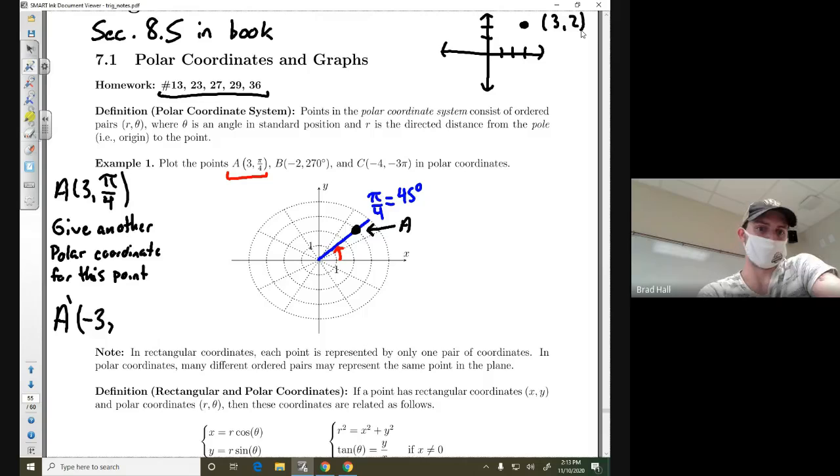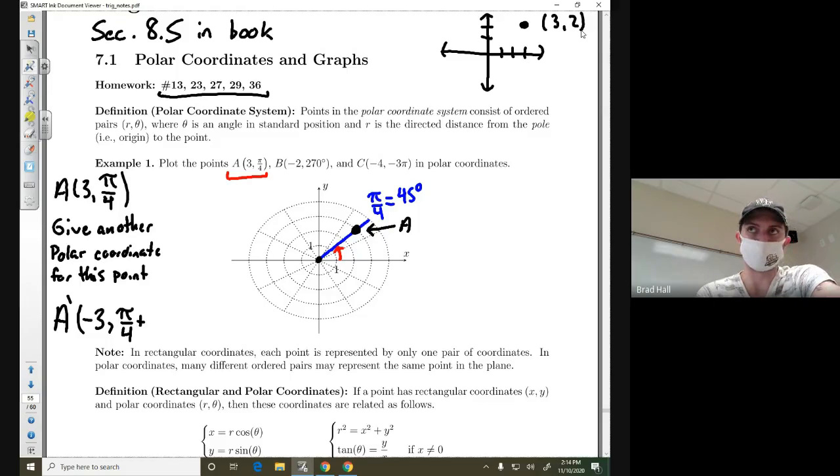So what's happening here is, by adding 180 to this, or by looking at -3, it means that we're going to be going in the opposite direction relative to what the angle tells us. So let's go ahead and add 180 degrees.